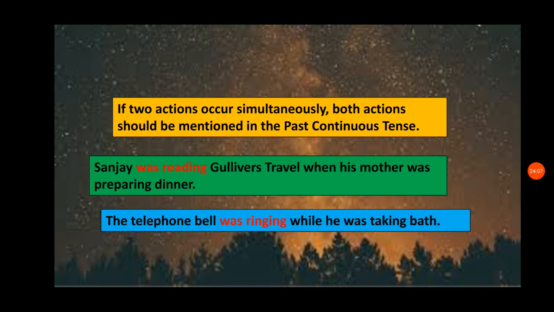So the bell would be ringing continuously in the past. The telephone bell was ringing is a fact, and at the same time he was taking a bath. Both were going on at the same time. In such a case, we can use past continuous tense.